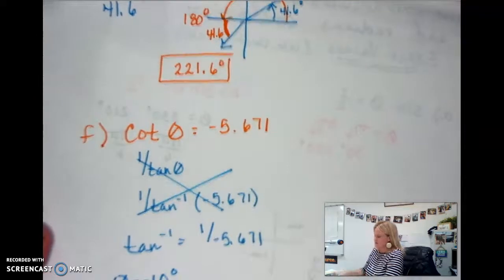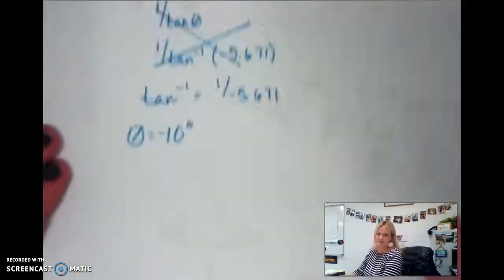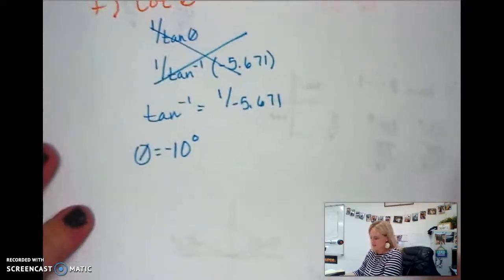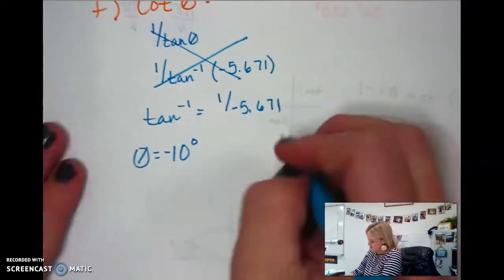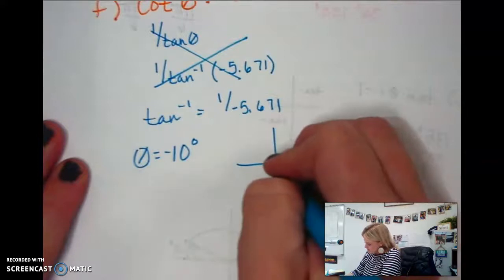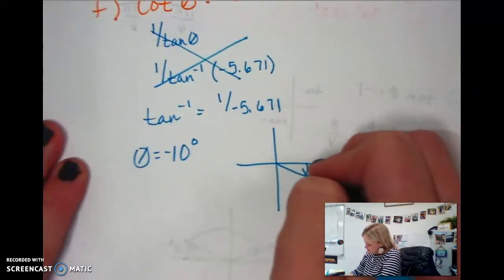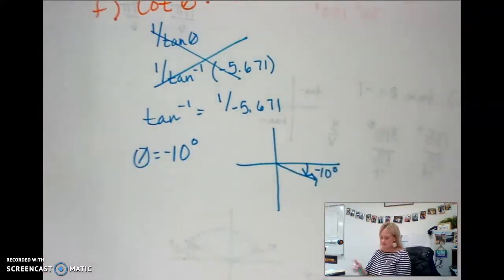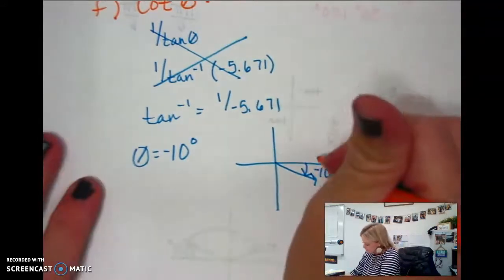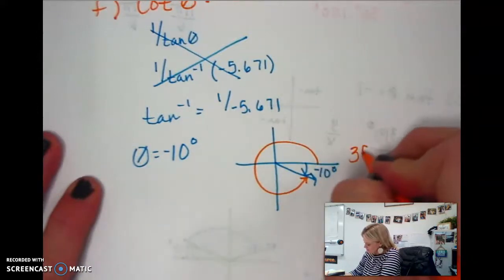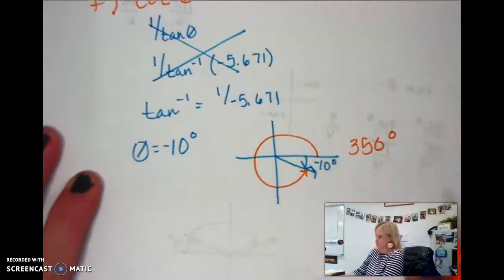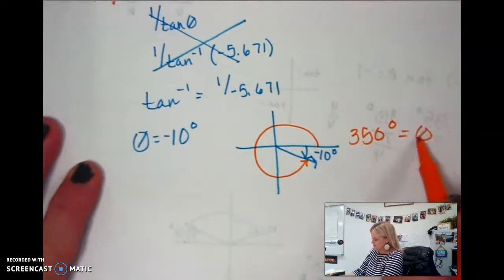However, we're not going to keep our answer as negative 10 degrees because it said in the directions it had to be between 0 and 360. So if theta is negative 10 degrees, what positive coterminal angle is that? All the way around, this is a positive 350 degrees. So that's one of our answers for theta.